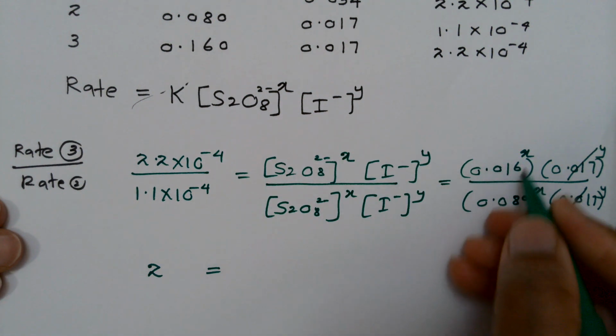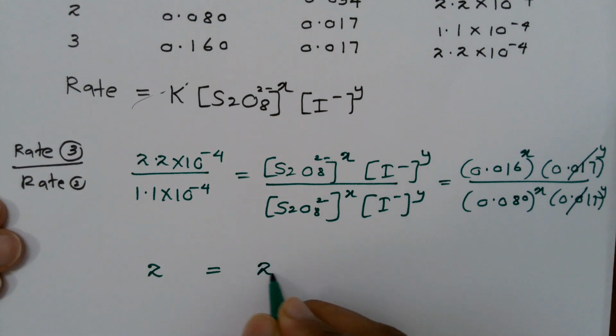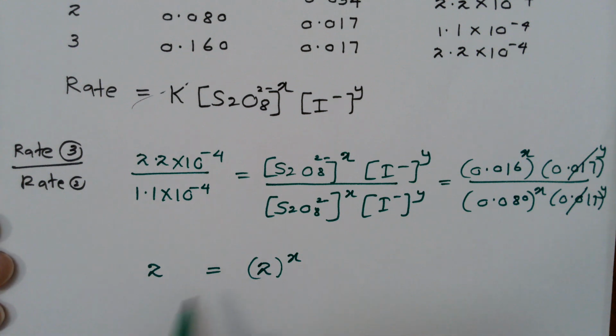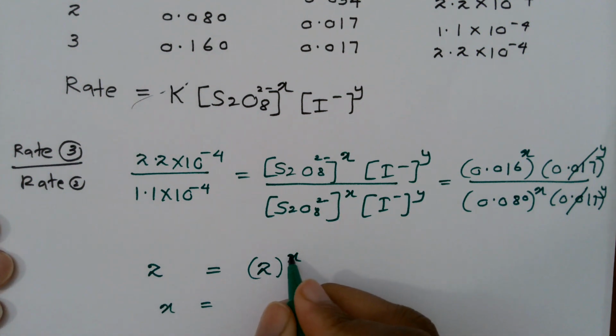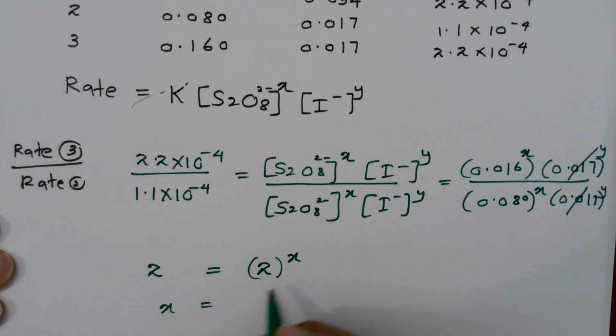Then if we divide these two, it is 2 to the power of x. Now we can calculate the x exponent. 2 to the power 1 is equal to 2, so x is equal to 1.